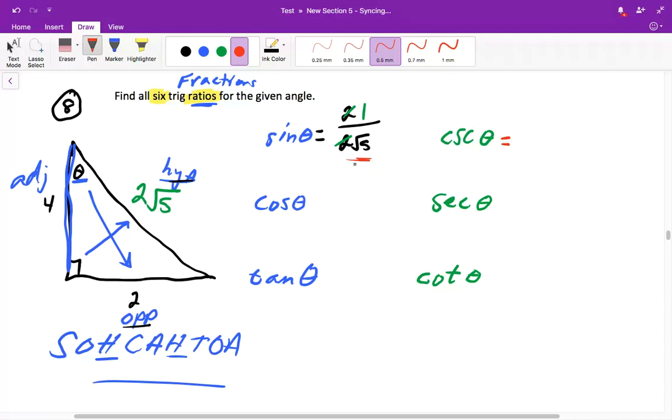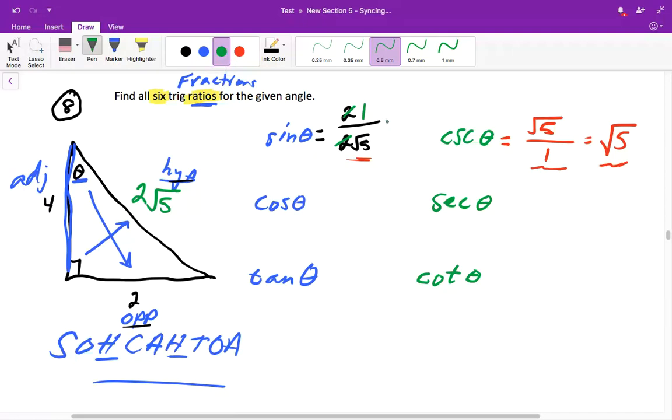If you rationalize it first and then take our reciprocal, you're going to have to rationalize again. So before you rationalize, flip our fraction, take its reciprocal, and we're left with the square root of 5 over 1, which is just the square root of 5. So if you write it like this or like this as an answer, that's perfectly fine. All right, so do this before you rationalize.